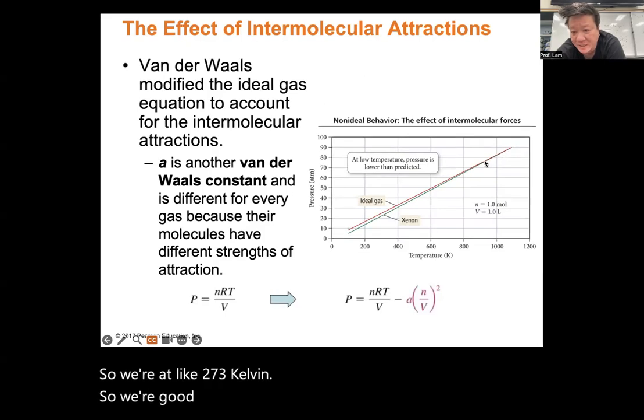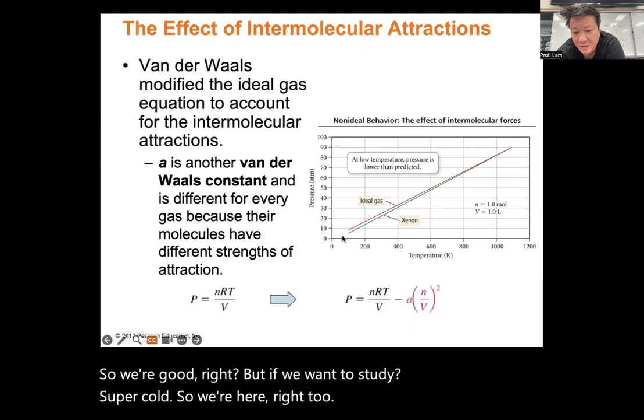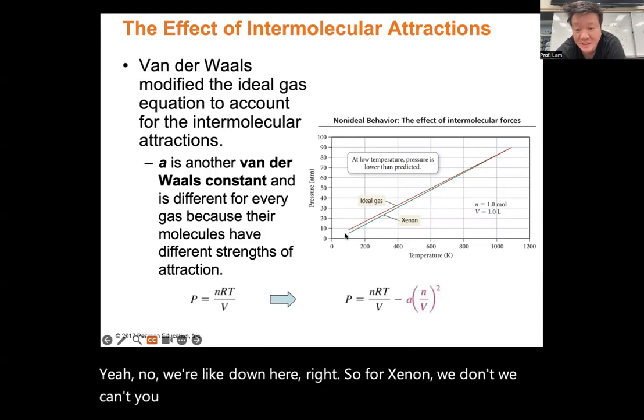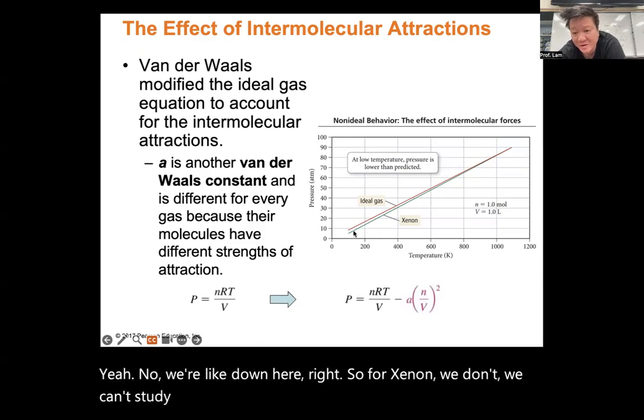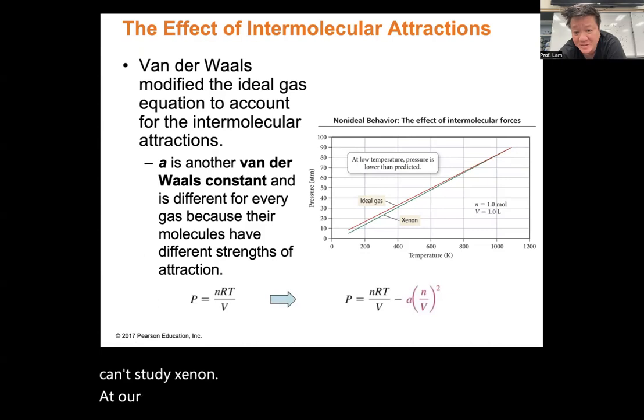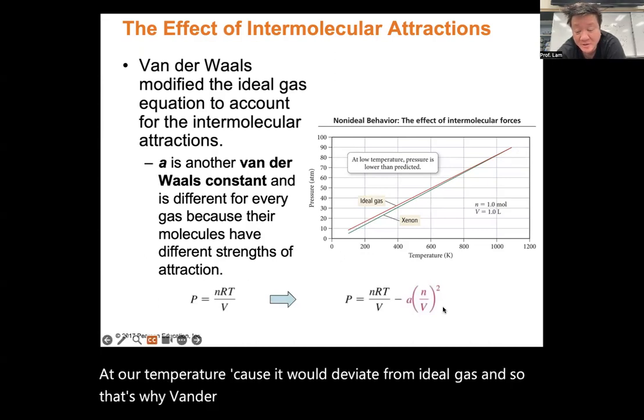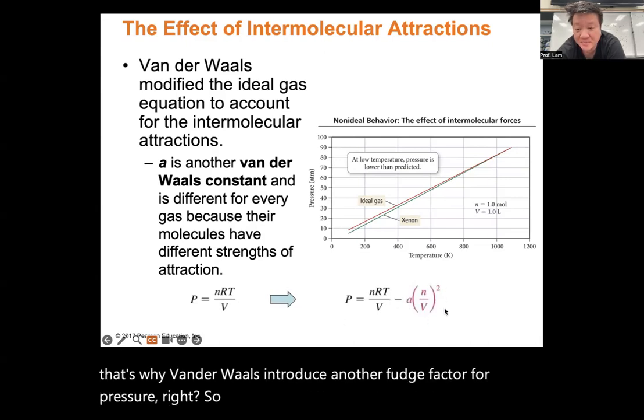But if we want to study super cold, we're down here, right? So for xenon, we can't study xenon at our temperature because it would deviate from ideal gas, and that's why van der Waals introduced another fudge factor for pressure, right? So subtracting some fudge factor here.